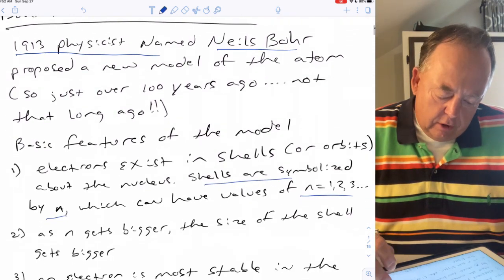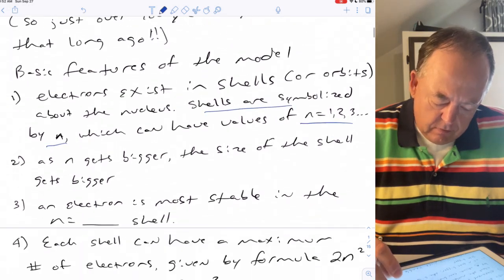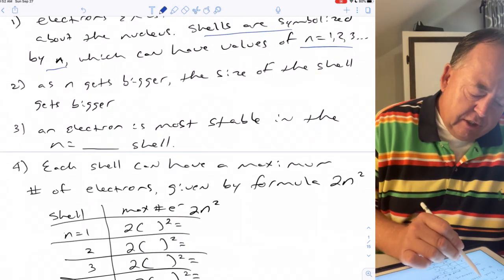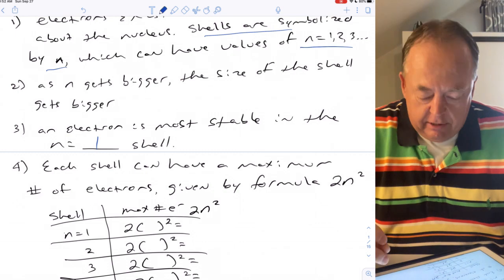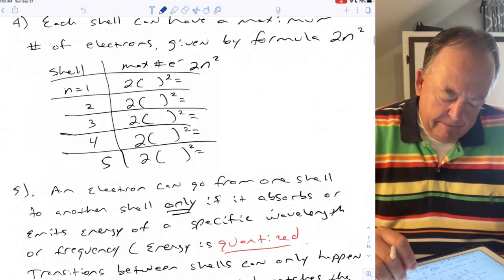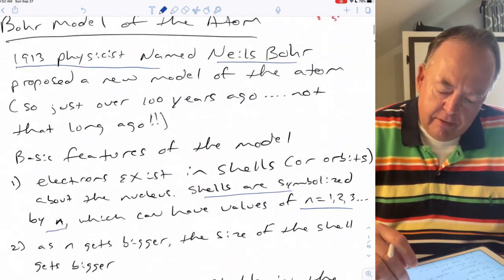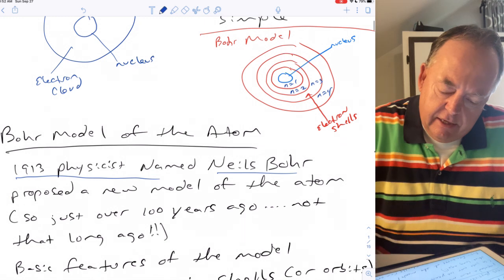So where is the electron going to be most stable, and in which shell? It's going to be most stable in the first shell, the n equals 1 shell.